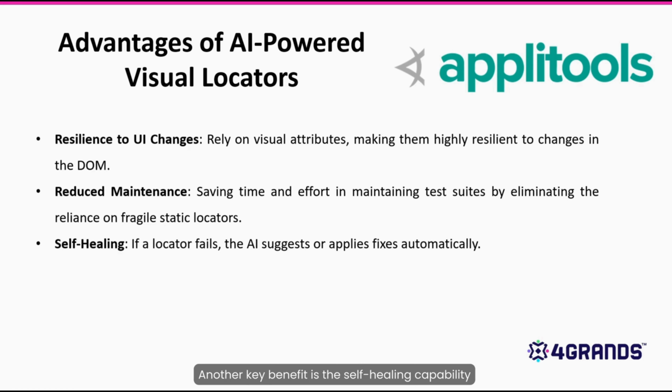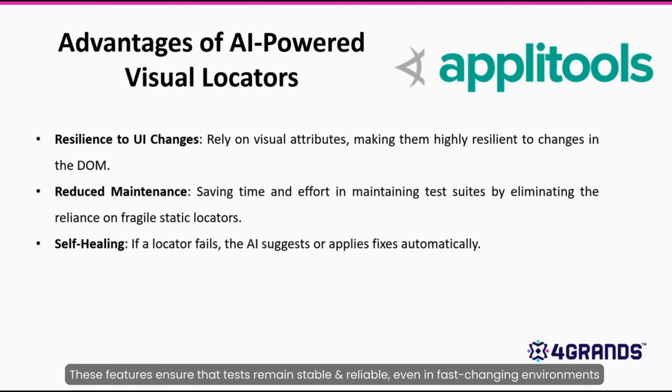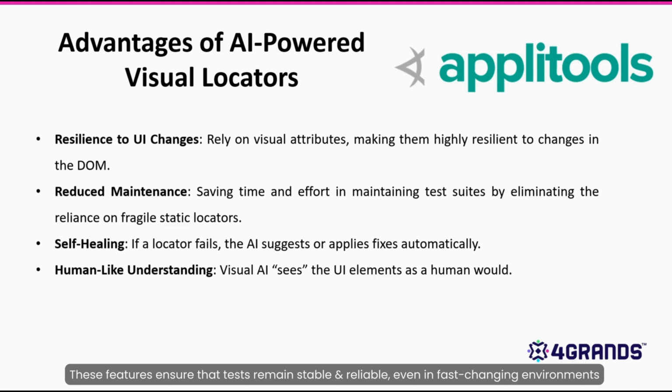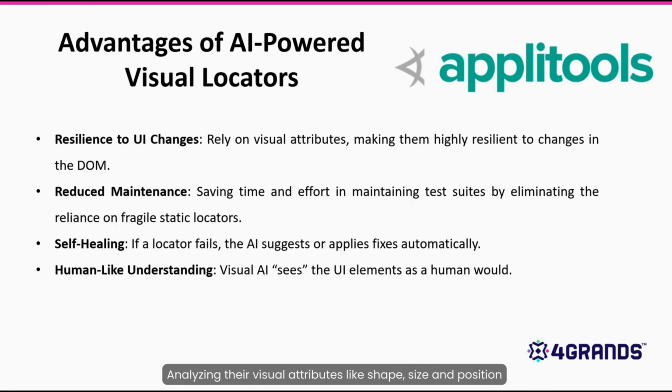Another key benefit is the self-healing capability. When a locator becomes invalid due to a UI update, the AI automatically detects the issue and adjusts to find the correct element. This feature ensures tests remain stable and reliable even in fast-changing environments. Additionally, visual locators use AI to see the elements as a human would, analyzing their visual attributes like shape, size, and position.